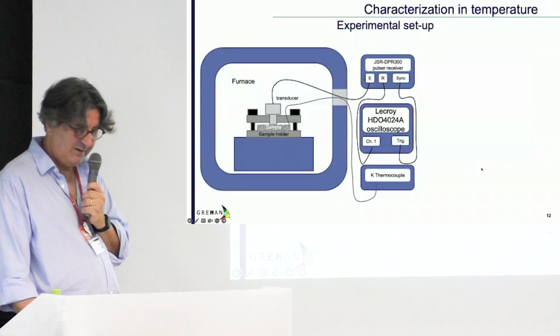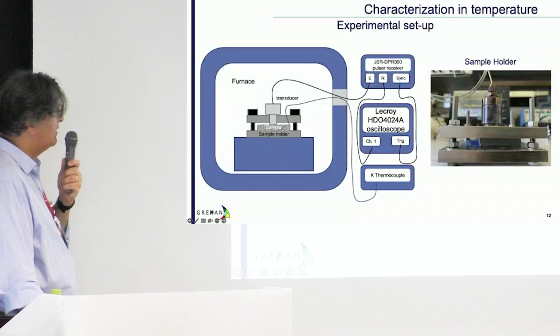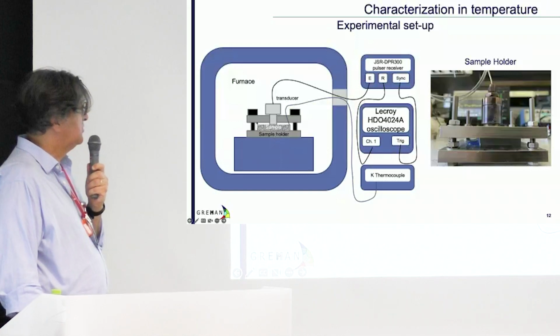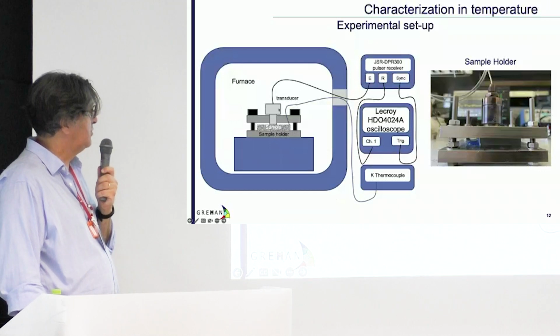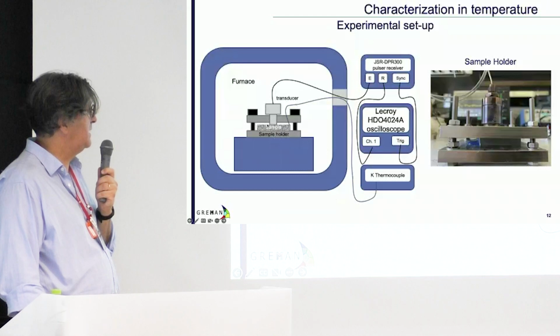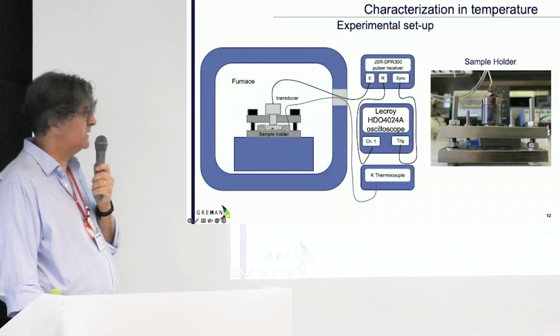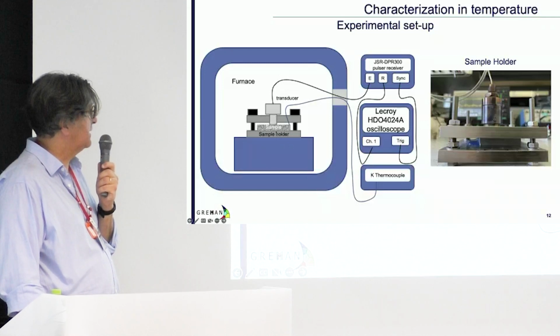We have developed an equipment, so you can see here, for contact measurements. So you have the sample, and we have developed a sample holder where you put the transducer in contact, and you use a specific coupling that supports high temperature, and we measure the round-trip echo as a function of the temperature.